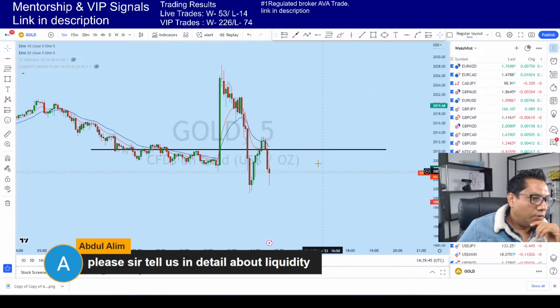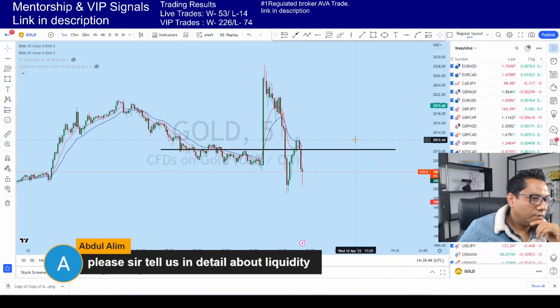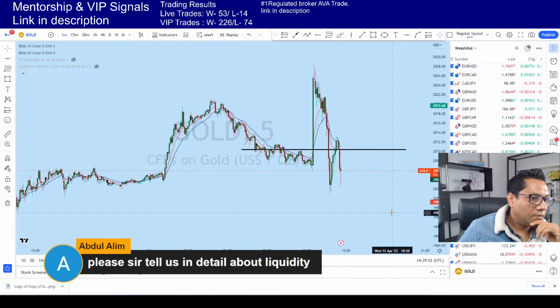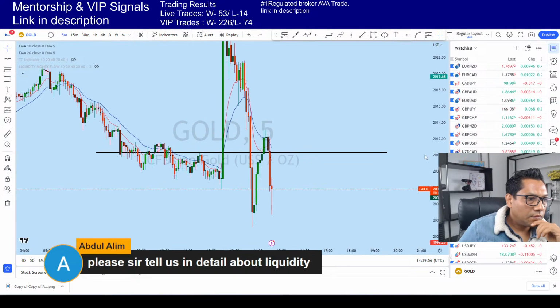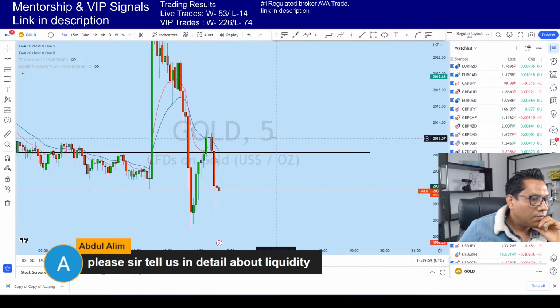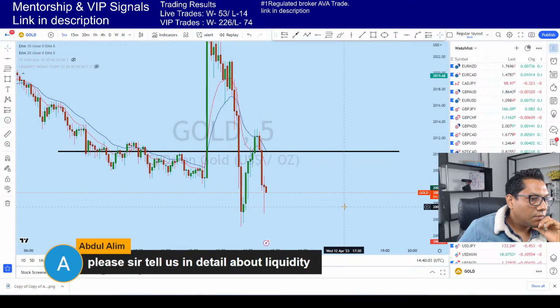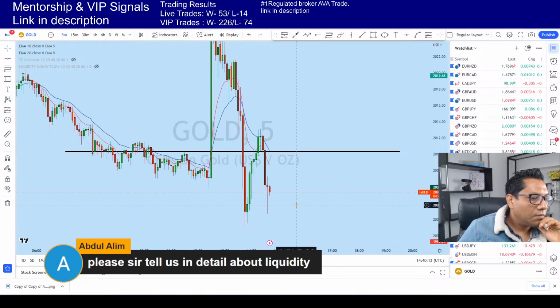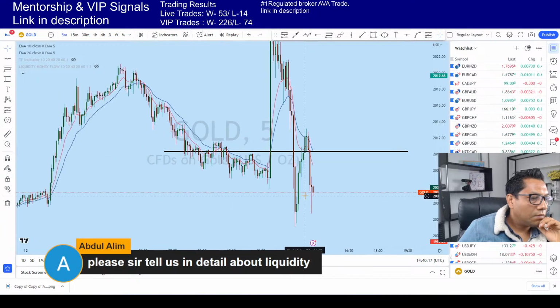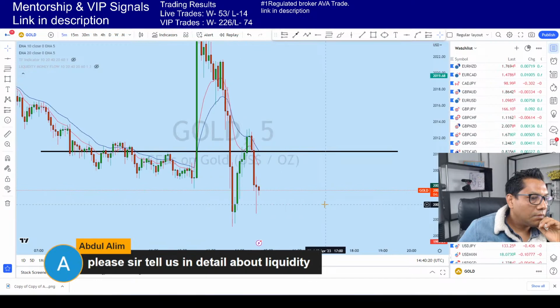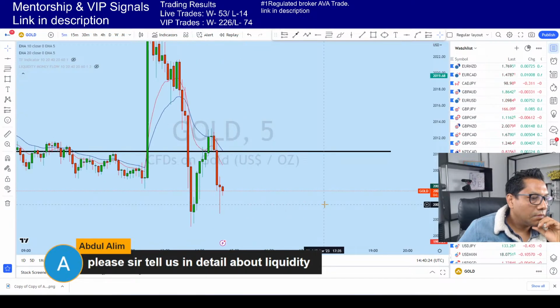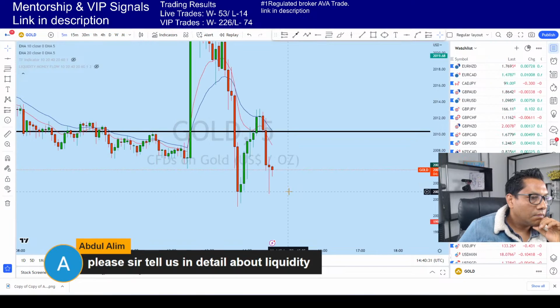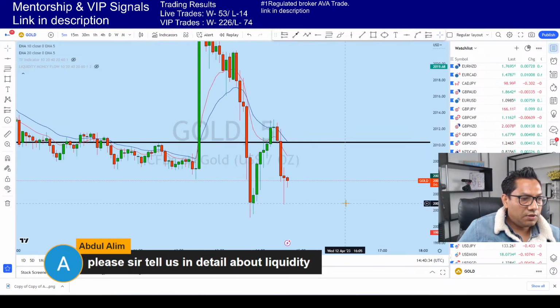It cannot drop without filling that imbalance. So this doji is crucial on the 5 minutes. Let's see.